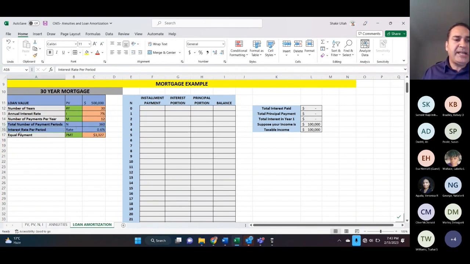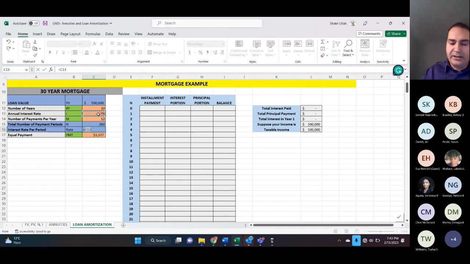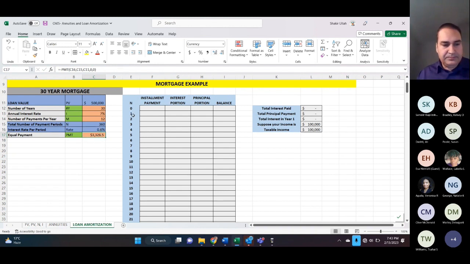And what will be the periodic interest rate, the monthly interest rate? That monthly interest rate is equal to your annual interest rate divided by 12. That will be your monthly interest rate, about 0.58%.